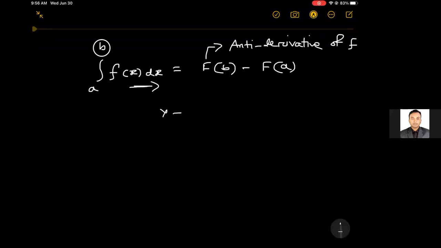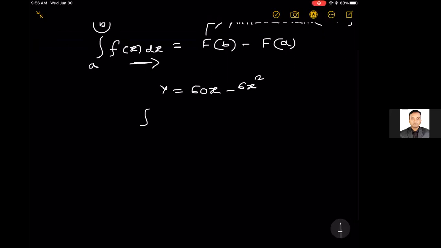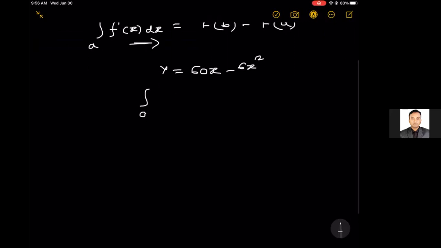Yeah, we can try this. So y equals, let's say, 60x minus 6x squared. We can try to find the area of this function in the region from 0 to 10.